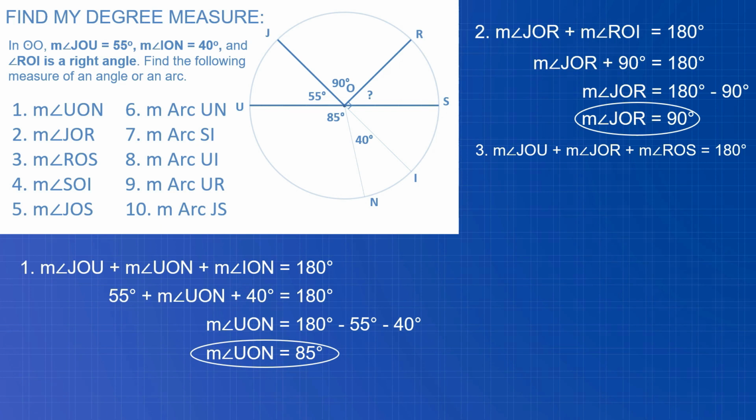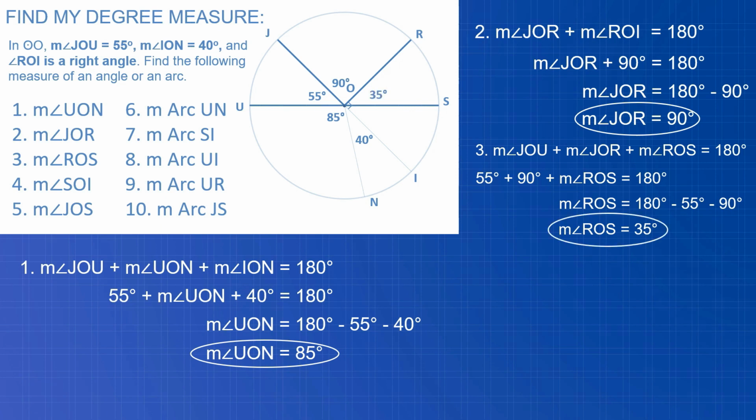Since we have the measure of angle JOU and the angle JOR, let's substitute the given value and simplify. Use subtraction property of equality, we have 180 degrees minus 55 degrees minus 90 degrees. And then, simplify, we have the measure of angle ROS is equal to 35 degrees.